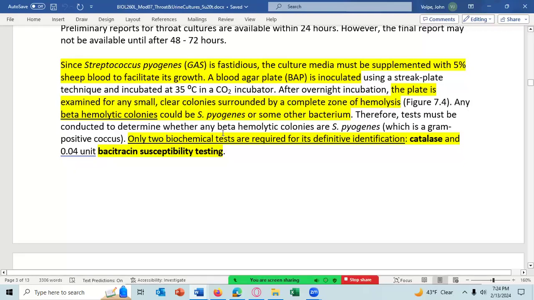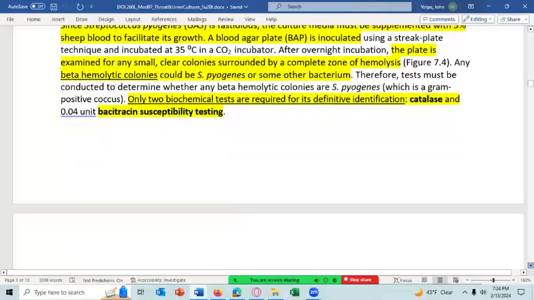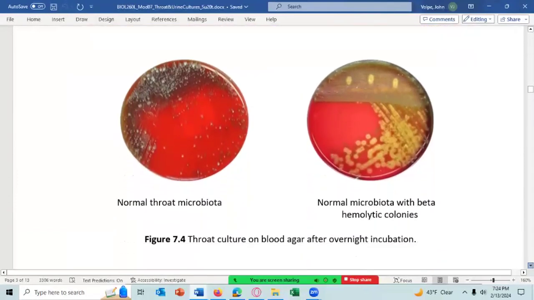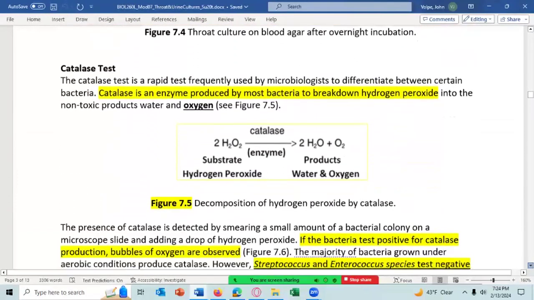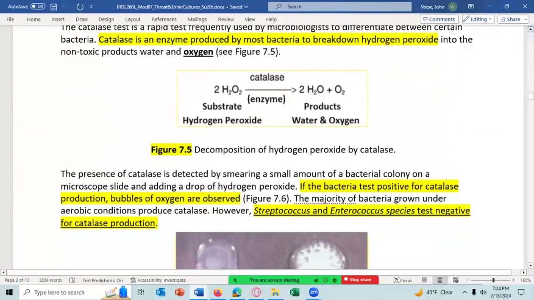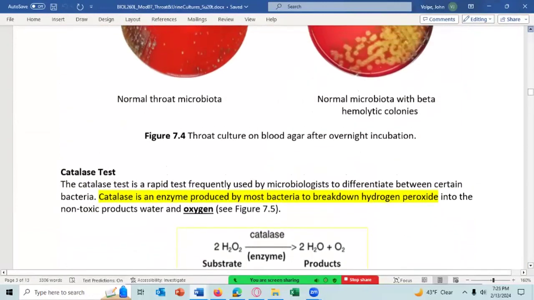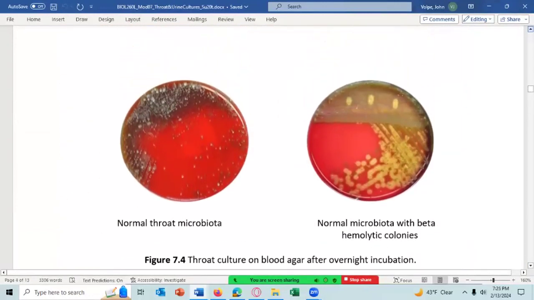That's beta hemolytic activity by the colonies. That's likely to be Streptococcus pyogenes, but it could be another Streptococcus or some other beta hemolytic organism.